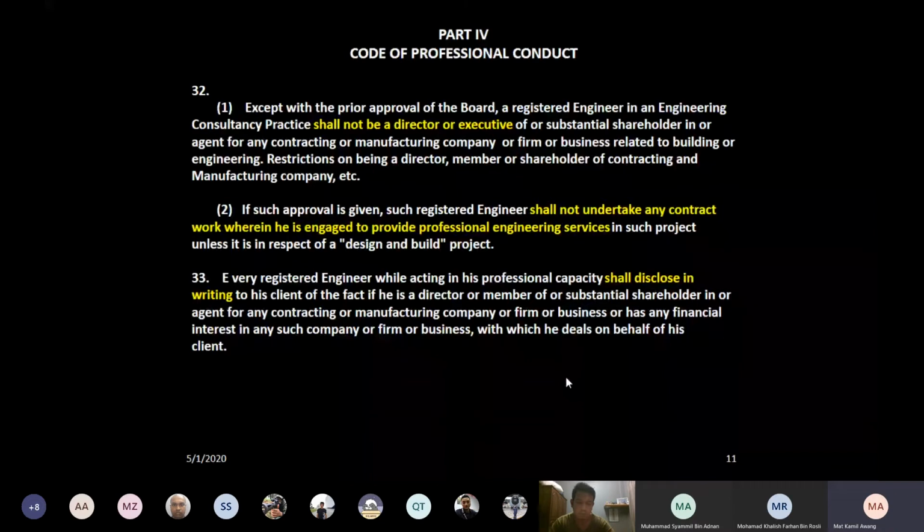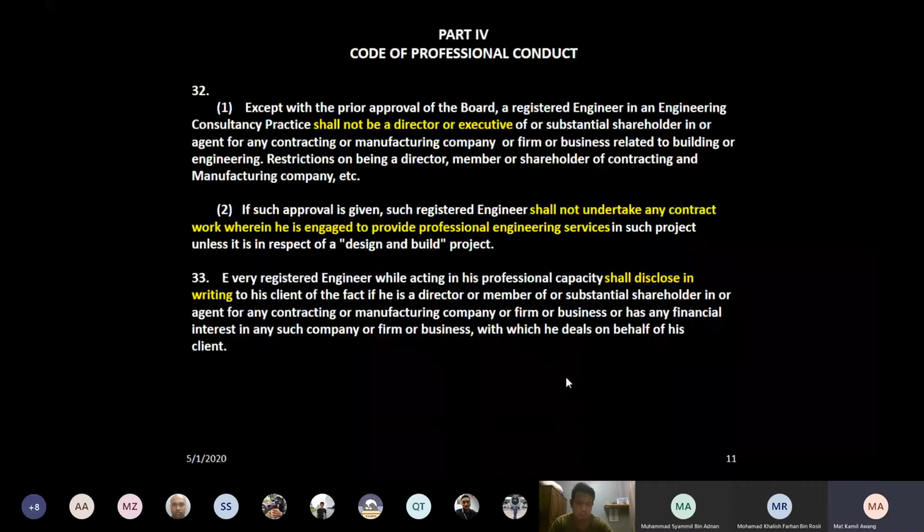So basically he has to disclose that he has some shares in the company which is going to supply the products to the client. Okay, he cannot hide that information.